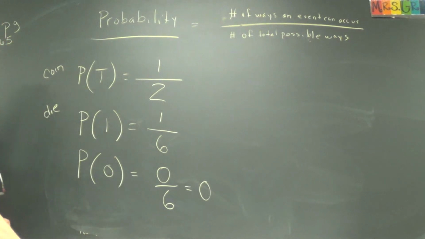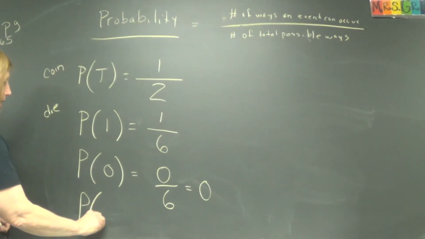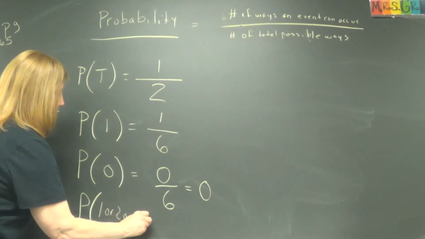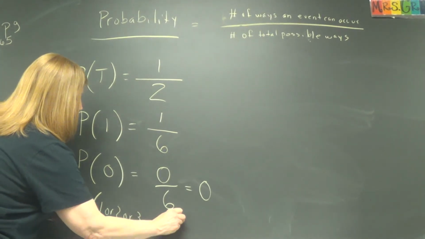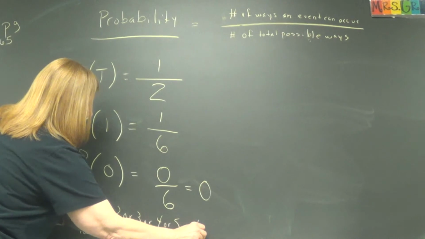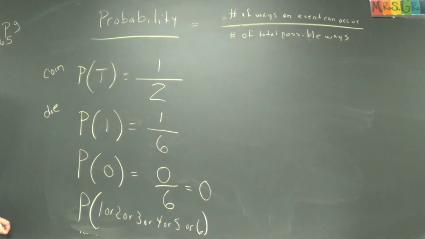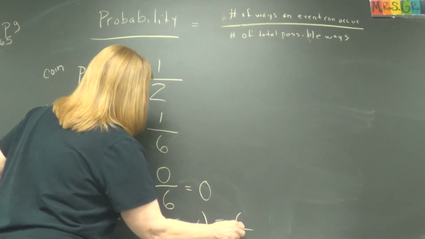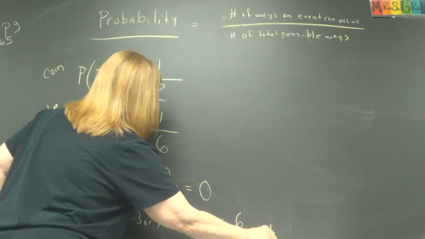What's the probability of rolling a die and getting a 1, or a 2, or a 3, or a 4, or a 5, or a 6? 6 over 6. Yes, there's 6 ways to get that with the word or. So 6 over 6 is 1.